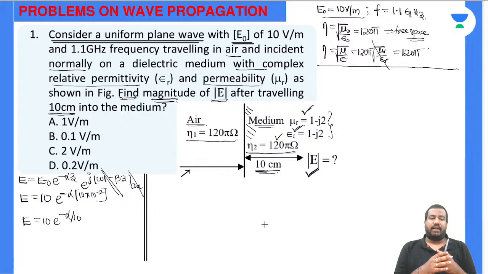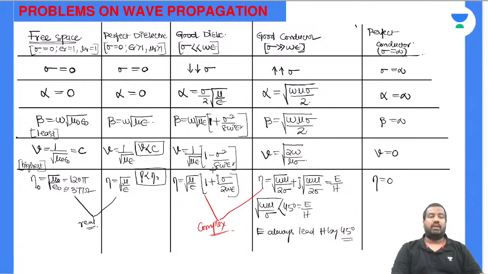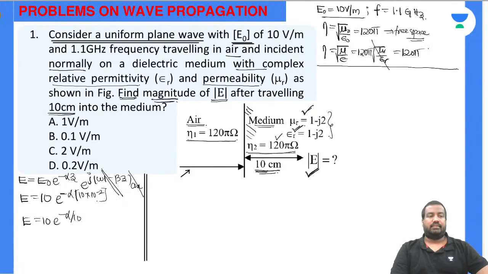Yes, how to find alpha? For a good dielectric, you know alpha is 0. Sigma value is not mentioned here, so consider it as a perfect dielectric. Alpha value is 0. If gamma is alpha plus j beta, gamma will become j beta.